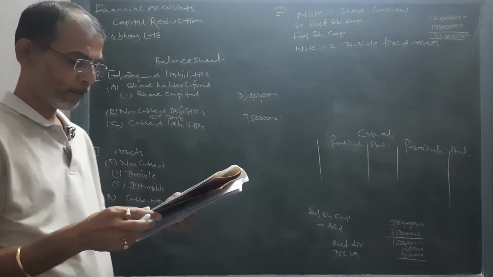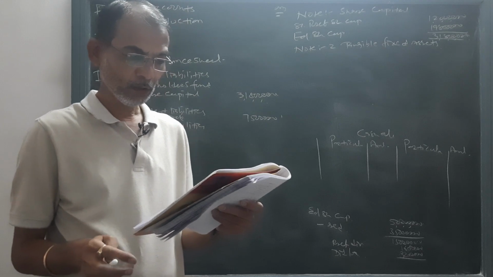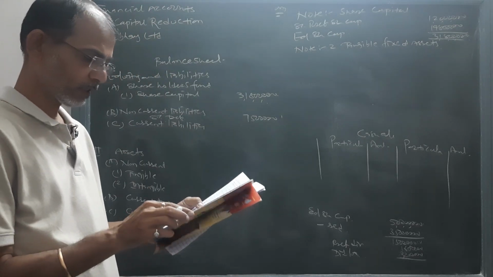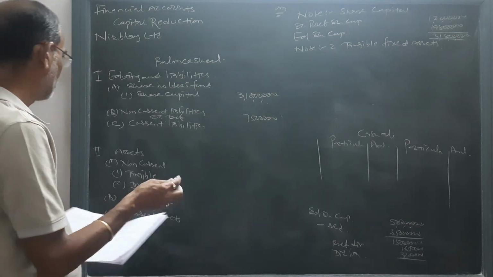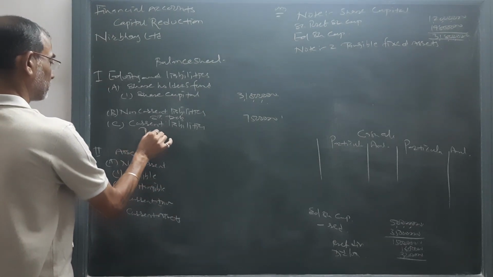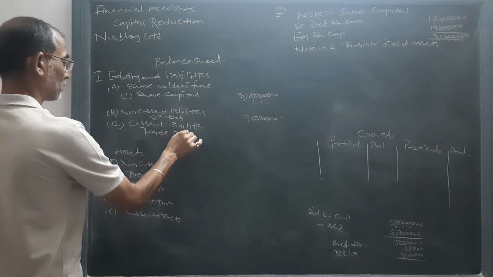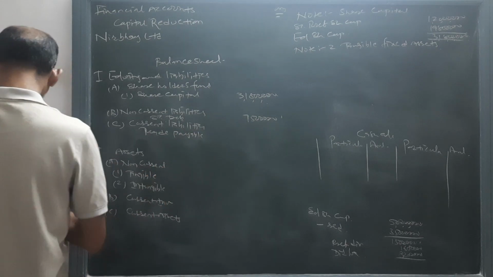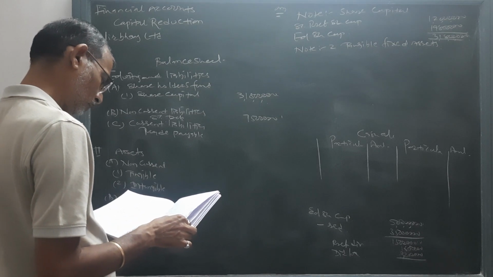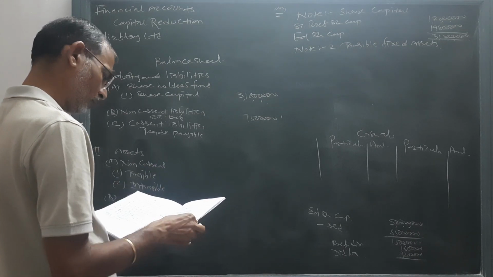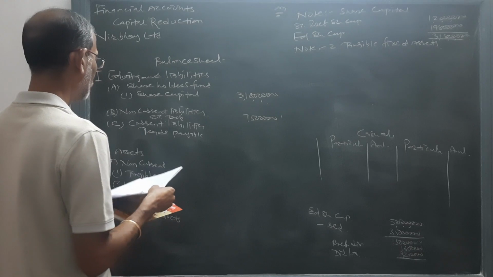Then after comes the number of current liabilities. Trade payables were as it is. Nothing was done to this. That were 2 crore.